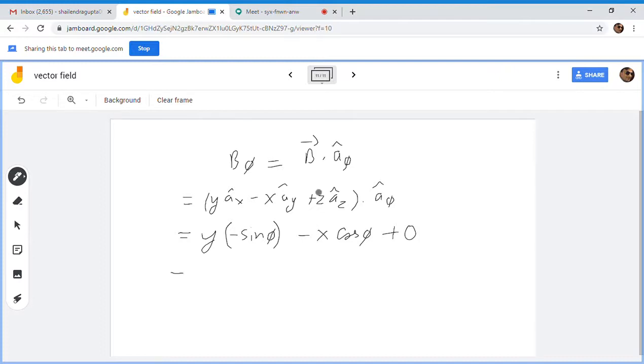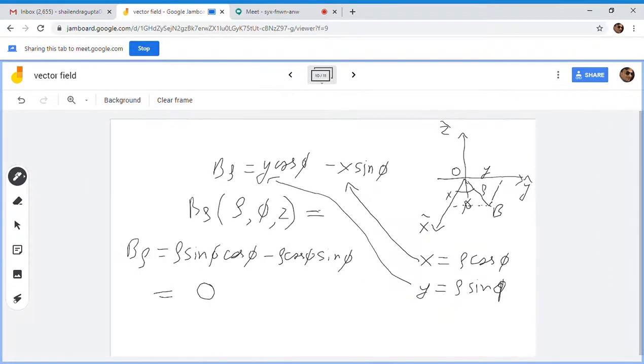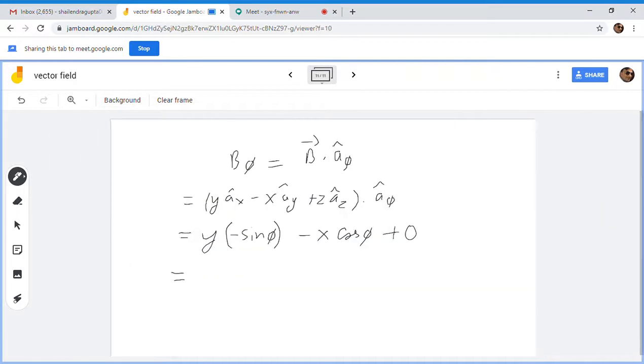Now replace your y. Y is rho sin phi. So this is minus rho sin phi into sin phi, which is sin square phi, minus x, which is rho cos phi, so this is cos square phi. If you solve, this becomes minus rho times sin square phi plus cos square phi, which is 1. So your B phi comes out to be minus rho.